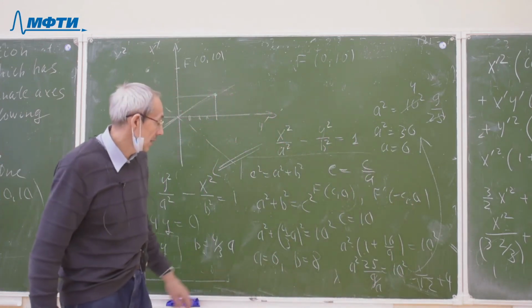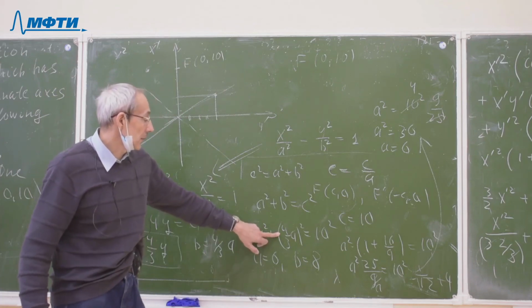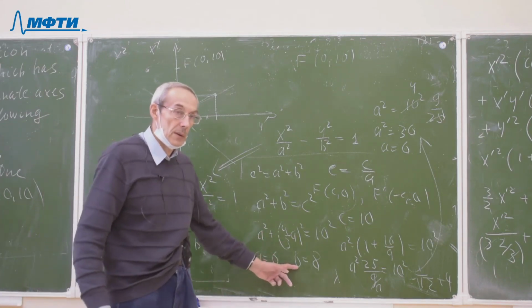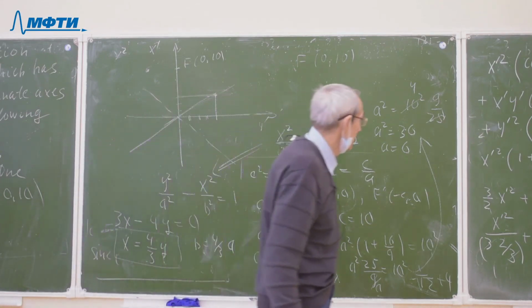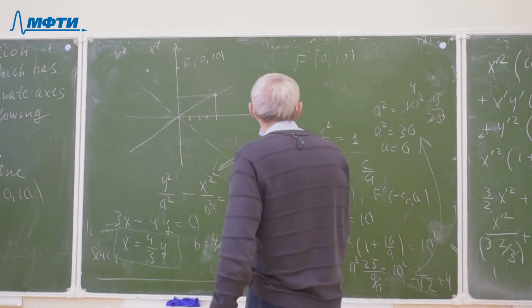And b is equal to the product of 4 over 3 and 6, and we obtain 8.